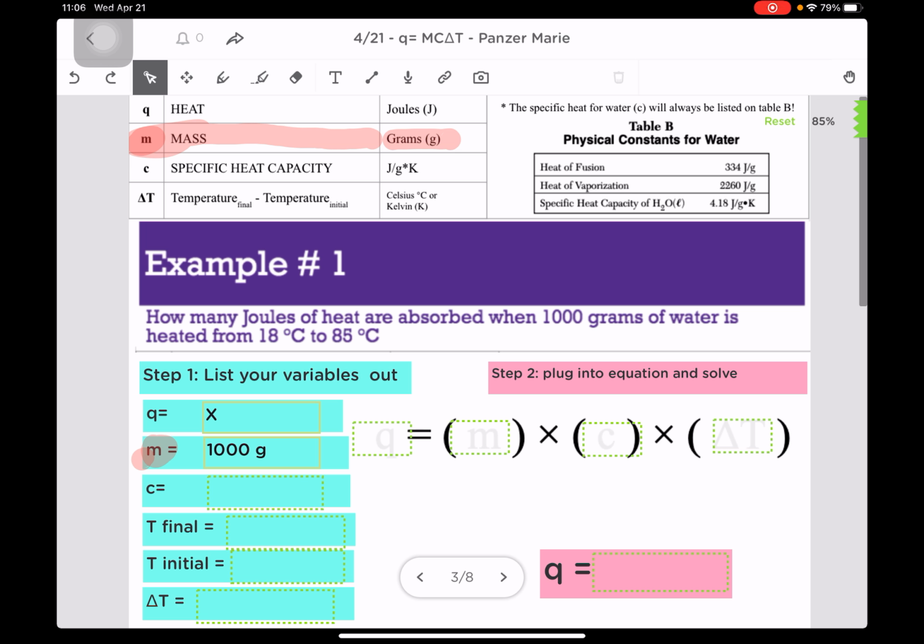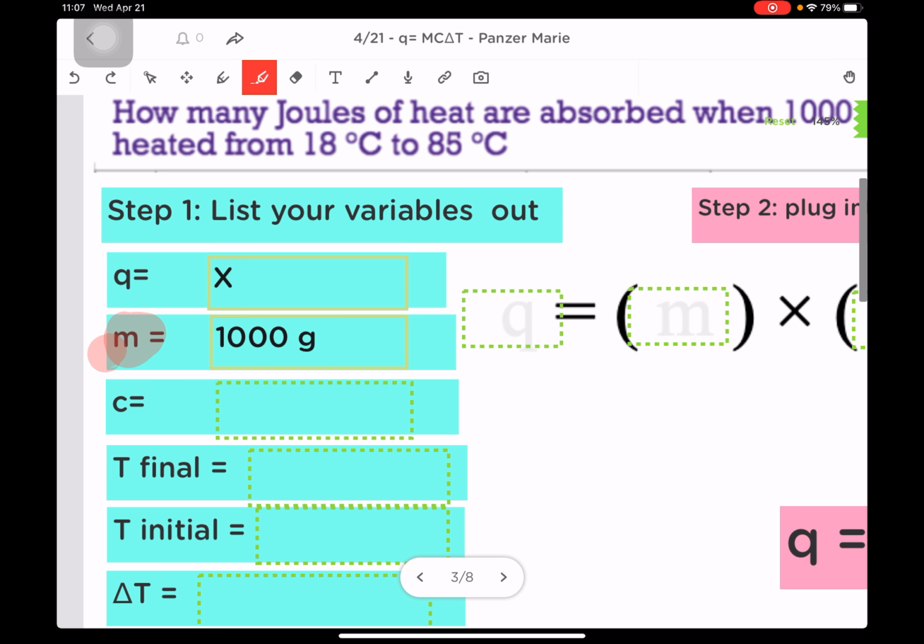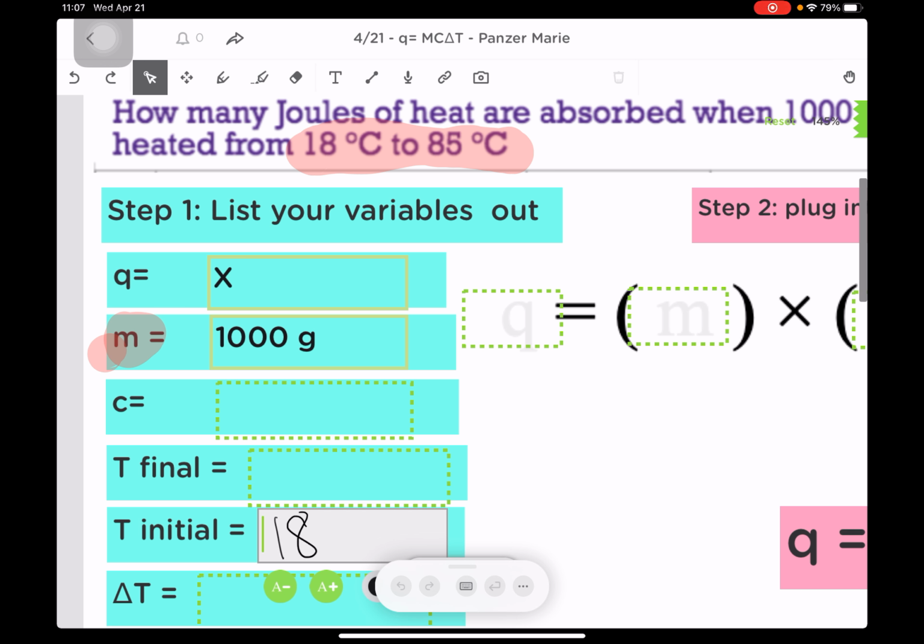So bring that back to the temperature. I have from 18 to 85, so 18 is going to be my initial. That's where I'm starting. And final is 85. That's where I'm going.